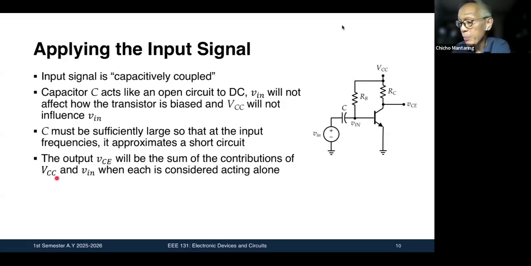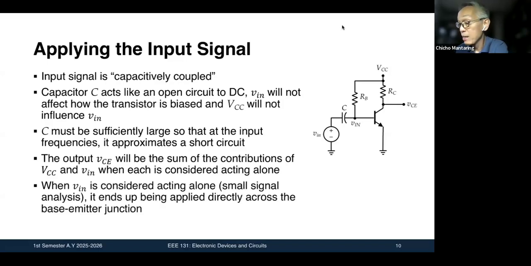If you take both into consideration, you just add the responses, and you're going to have an output that has both a DC component and a time varying component. The DC component is established by VCC. The time varying component is established by Vin. When Vin is considered acting alone, that's what we call small signal analysis. And this ends up being applied directly to the base emitter junction of your transistor.